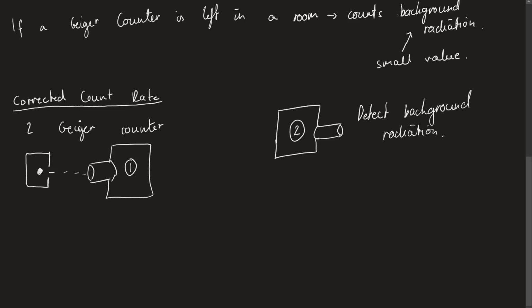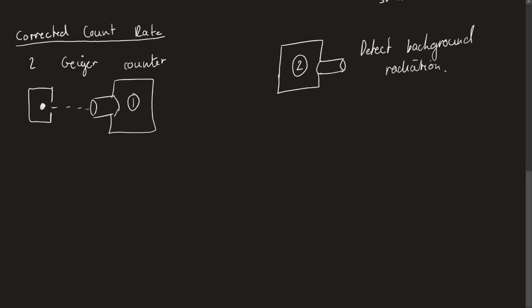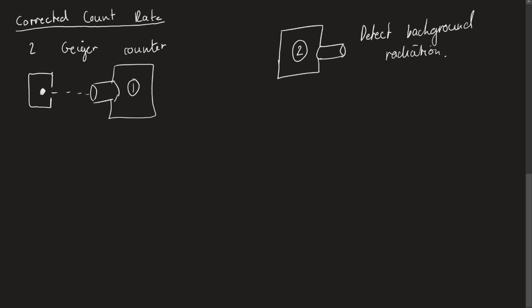What this means is that our actual level of radiation that we can detect from this source, our corrected count rate, is the count rate from 1, which I'm just going to call the count rate, minus the background count rate, which I'm going to call the background count.